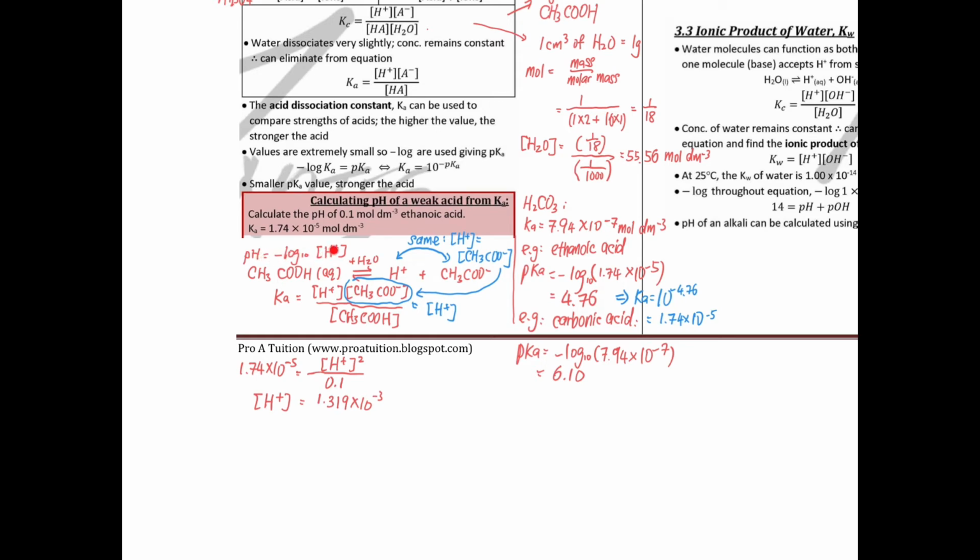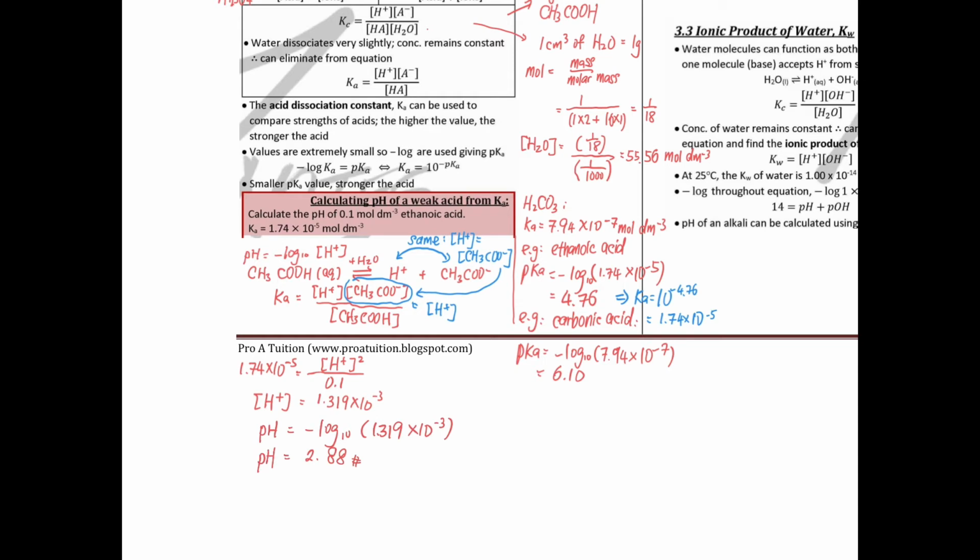Just now we didn't know the concentration of H plus, and now we have found it, so let's apply it. pH is equal to negative log of 1.319 times 10 to the power of -3. Then we get the pH, 2.88.